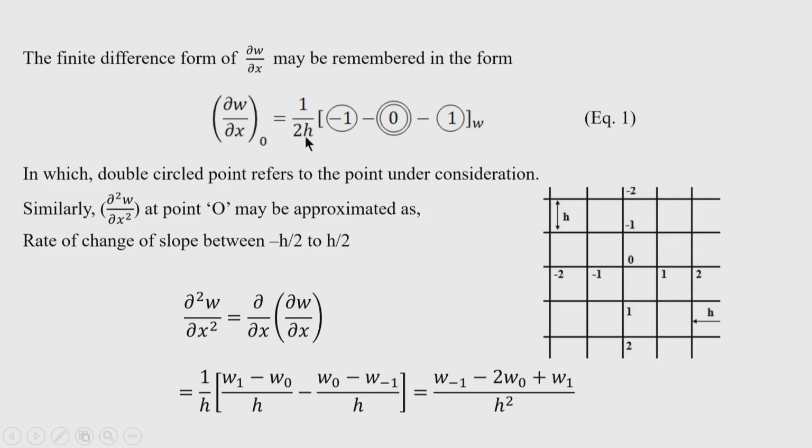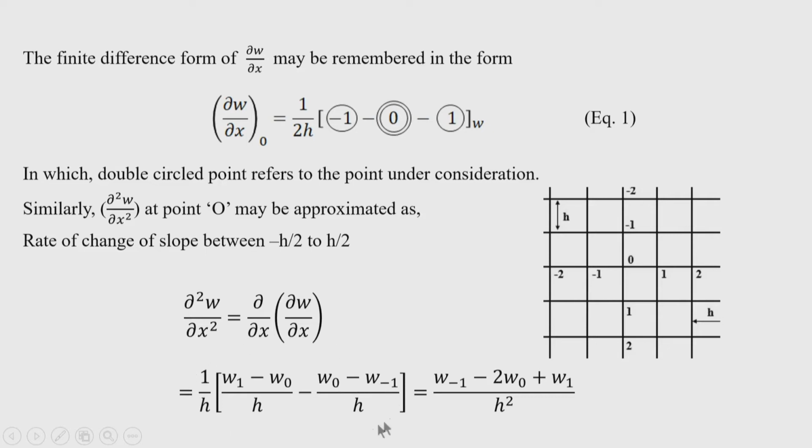So, here instead of this 2h, because minus h by 2 to plus h by 2 distance is h, we have kept here h and the value is W1 minus W0 and minus, because we are evaluating the change, W naught minus W minus 1 divided by h.